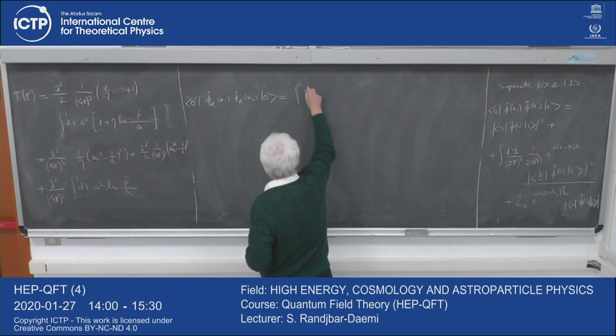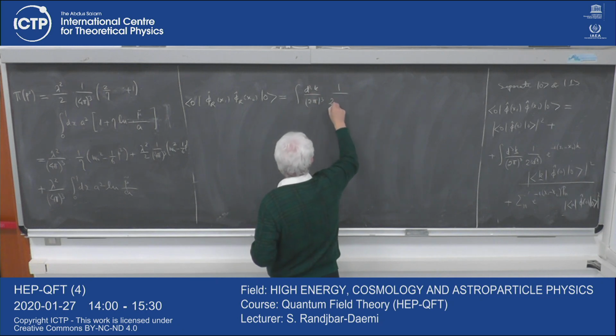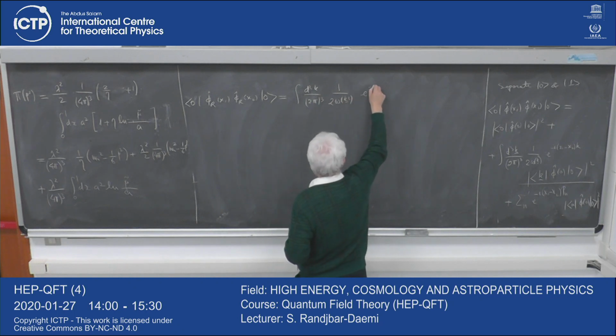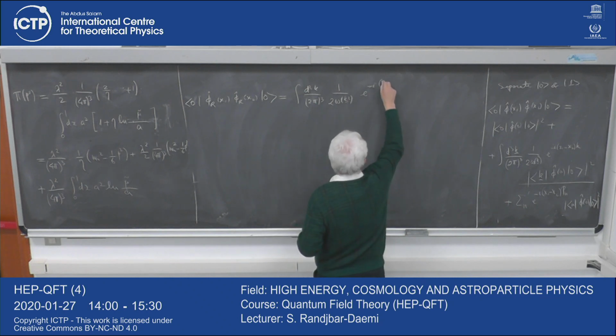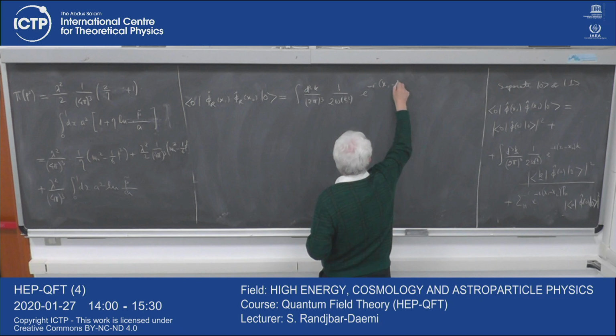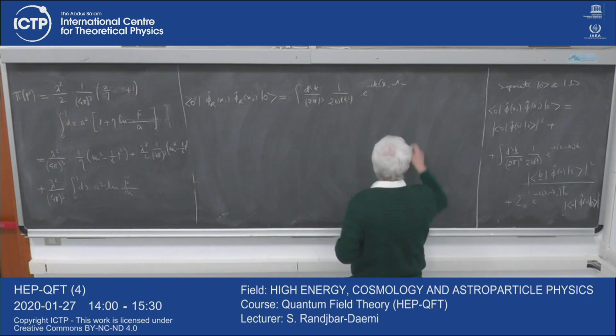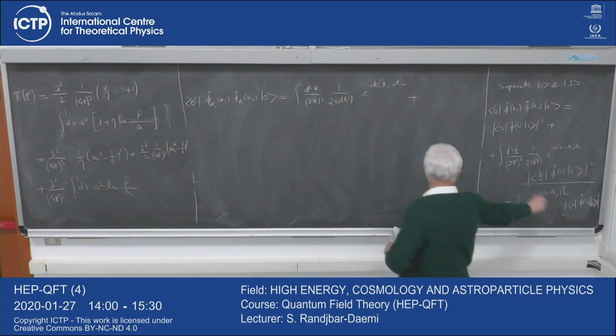Therefore, the first term will be d^3k over (2 pi)^3, 1 over 2 omega, exponential of minus i (x1 minus x2) times k. Right, so minus i k times (x1 minus x2) plus the rest.